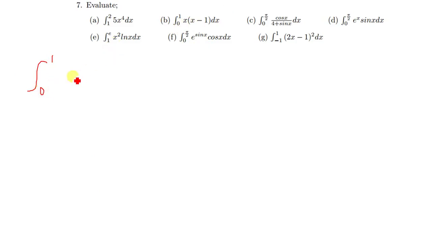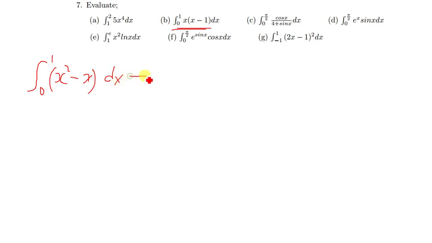You say x times x, you get x squared. On this question here, x squared, and then minus x times 1, you get x, and then you write it like that, dx.